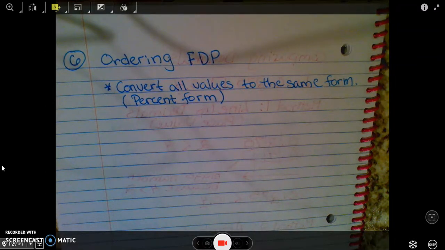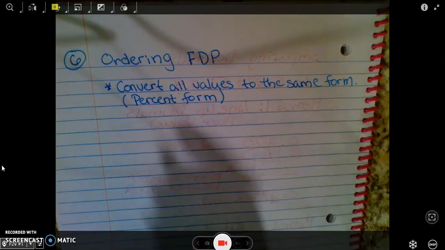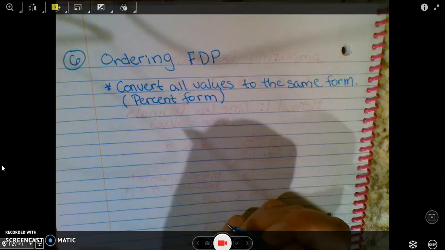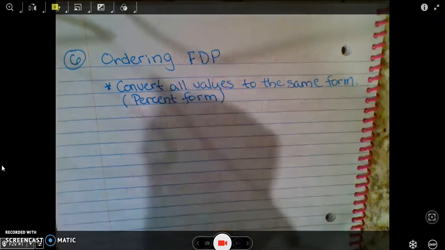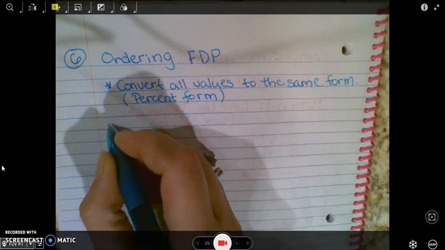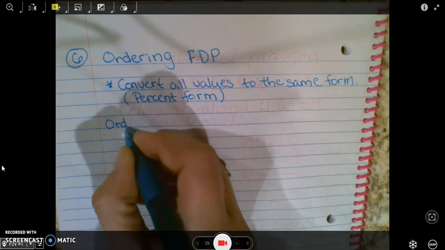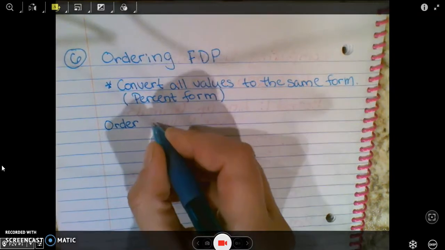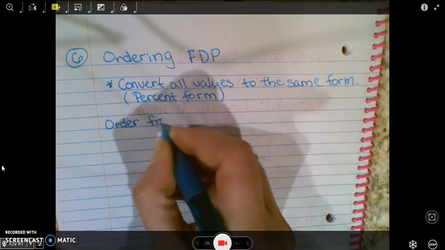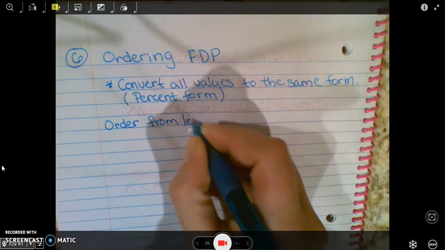I'm going to give you 2 examples. We need to make sure we know the vocabulary. The first example, I'm going to ask you to order the values from least to greatest.